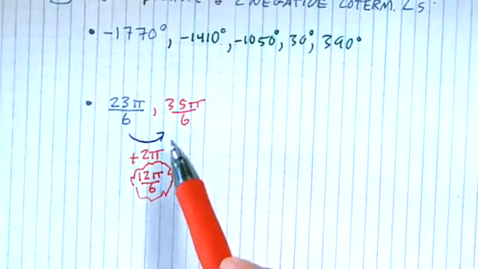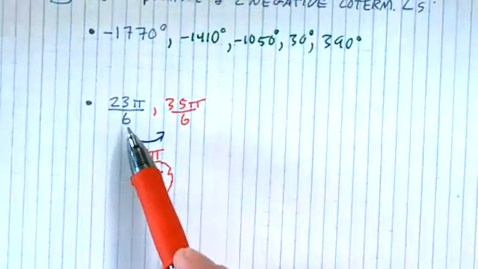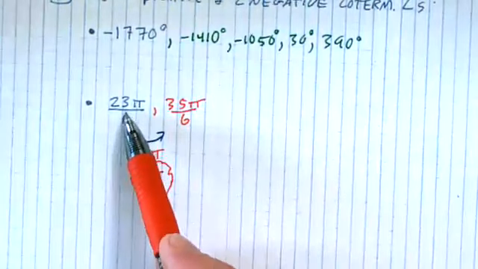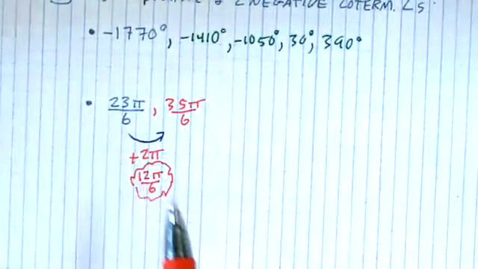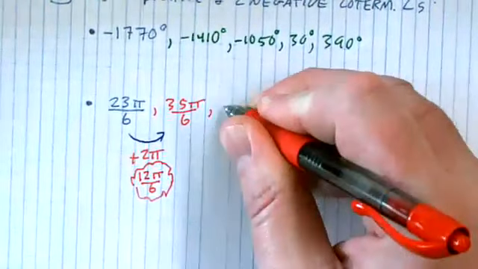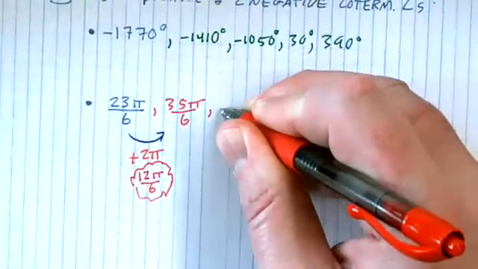I think we're probably going to be able to go the opposite direction and get another positive one. So let's try subtracting. So I'm going back to 23 pi over 6, and this time I'm going to subtract 12 pi over 6, and that's going to get me 11 pi over 6. There's another positive one.